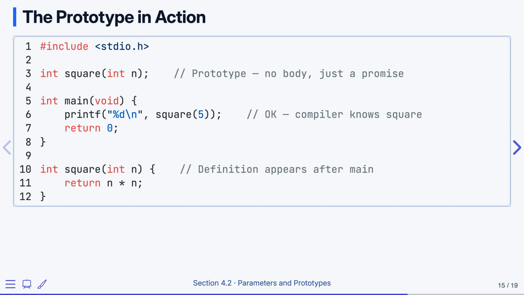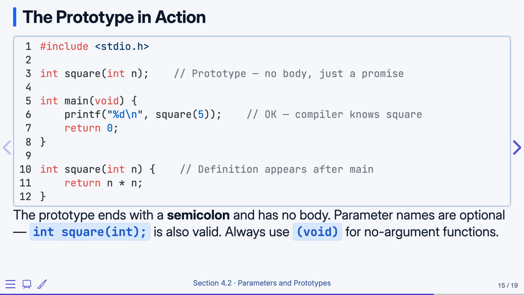The full definition appears after main, and the linker connects the call to it. A few notes. A prototype ends with a semicolon and has no body. Parameter names are optional. Int square of int is also valid, but naming them documents what the function does. And always use void inside the parentheses for a no argument function.